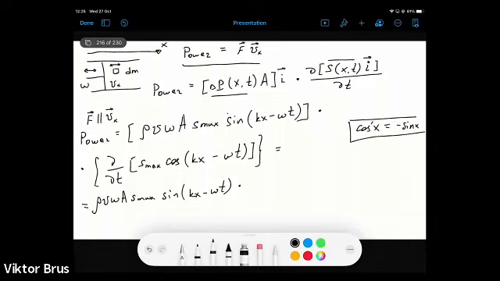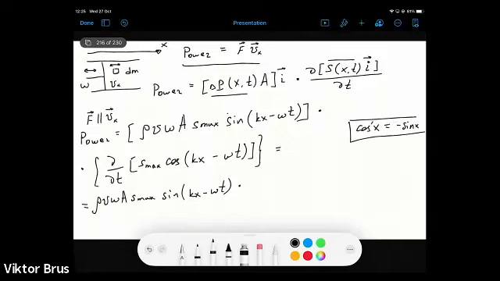Here x is considered as constant, so the derivative of the argument will be minus omega. So we have one minus from taking the derivative of cosine, another minus from the derivative of the argument.